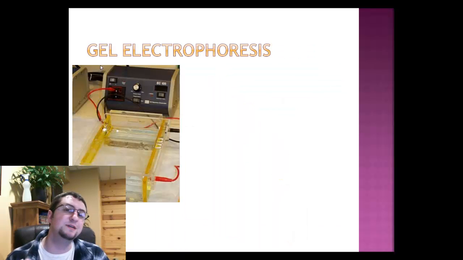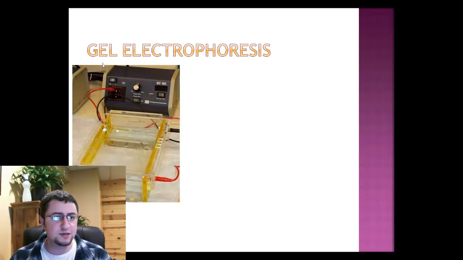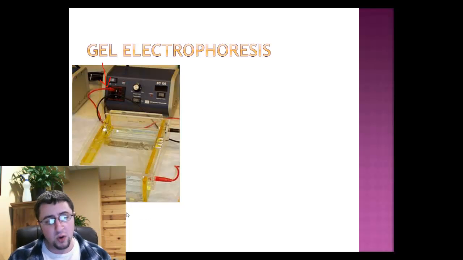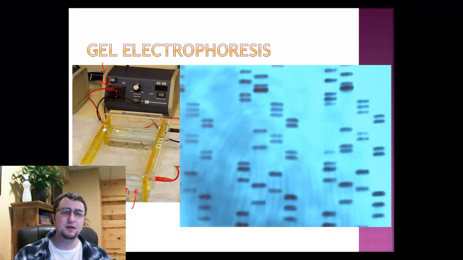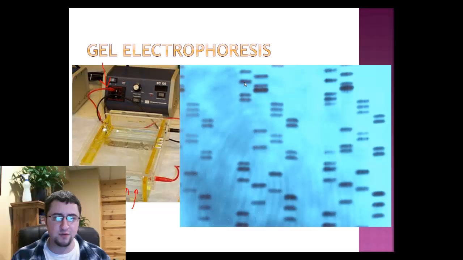Well, we use this thing called gel electrophoresis, which looks like this, and we'll actually use something that looks like this in a couple weeks here, where we load in, right in here, little segments of DNA, and eventually you would run that, let it go for a couple hours, and we'll get this pattern that looks like this, where we have all these little segments of DNA, and based on how big the segment of DNA is determines how far it moved.